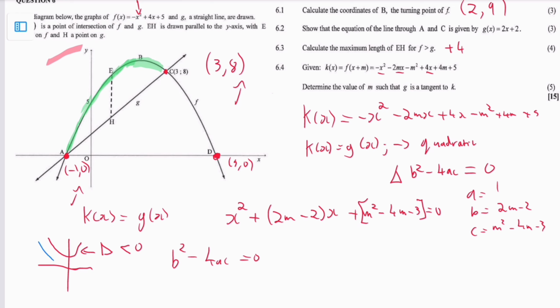A parabola that looks like this is going to have a determinant equal to 0, so it's going to have one solution. And then a parabola that looks like this is going to have a determinant greater than 0.